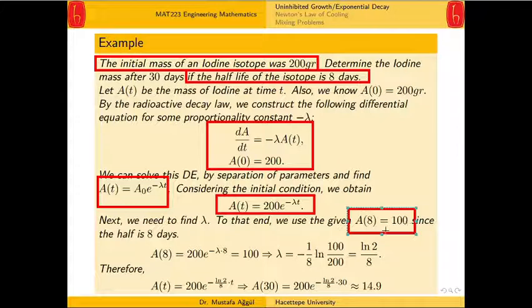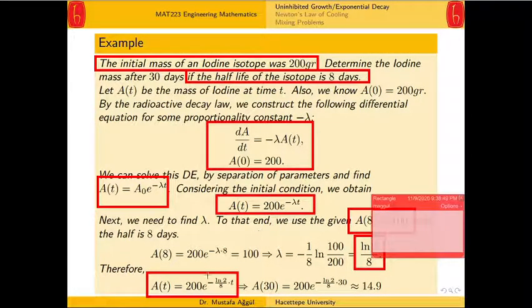If we substitute 8 for t and 100 for A(t), then we will have A(8) equal to 200 times e to negative lambda times 8, and this is equal to 100, and then lambda will be equal to negative 1/8 ln(100/200), and this will be equal to ln 2 over 8.